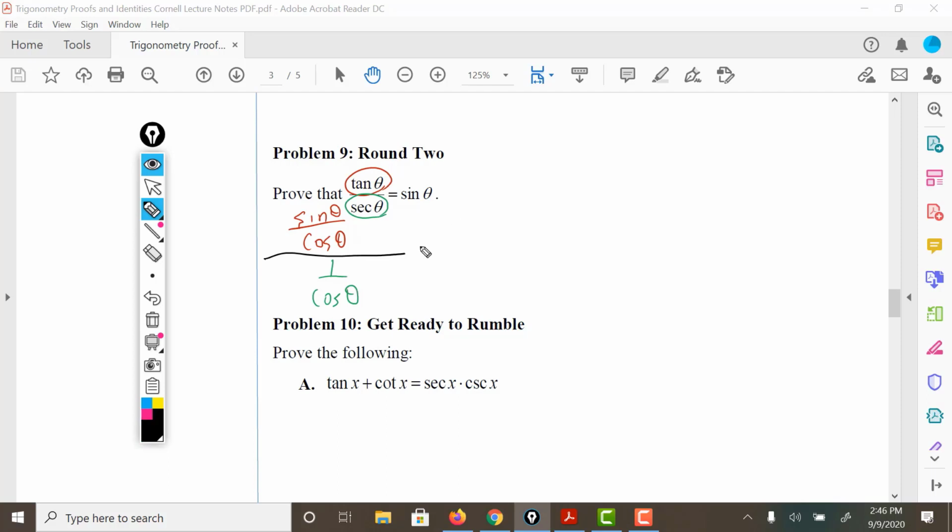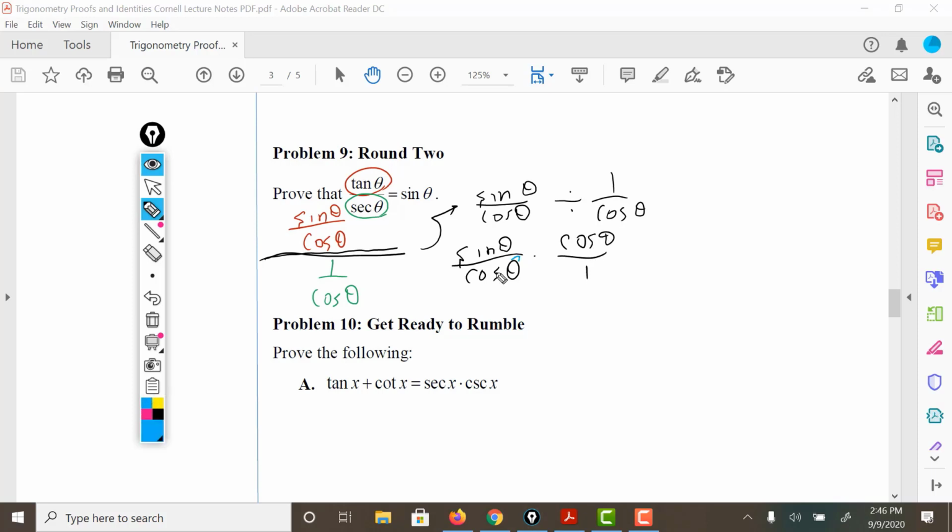So let's go ahead and do this the old-fashioned way. This fraction bar right here represents division. So I'm going to set up a division problem. Keep, flip, change. The cosines cancel out.